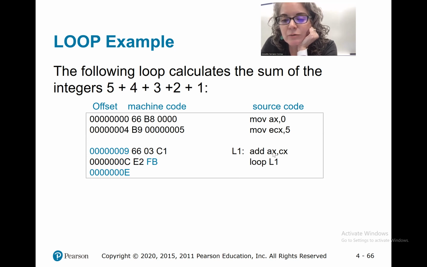So we add the 1 to our total, which is 15. And then we decrease ECX to 0. 0 is equal to 0, so we stop the loop. The loop stops when ECX gets to 0.